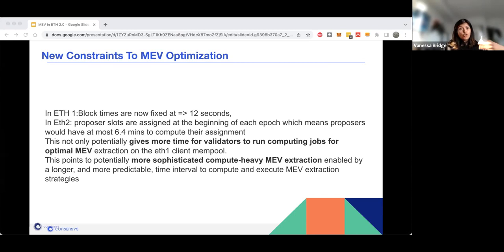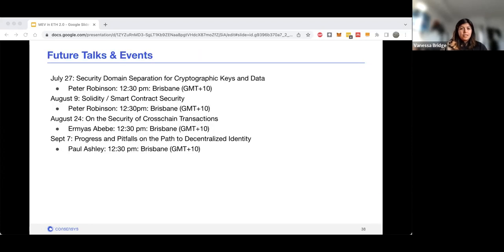And so searchers could, I don't know, collude or not with them. So there's definitely more sophisticated MEV to come in that sense, and it needs to be kept in mind when designing these protocol changes. Next slide. And I think that's it for me, actually.